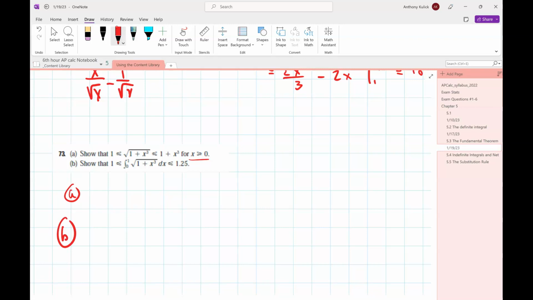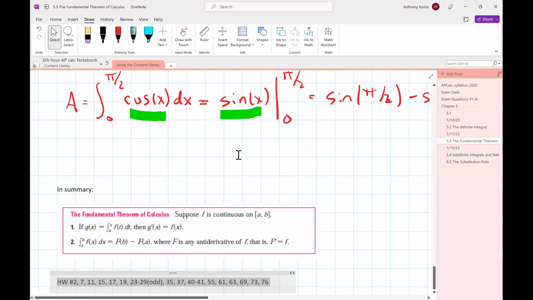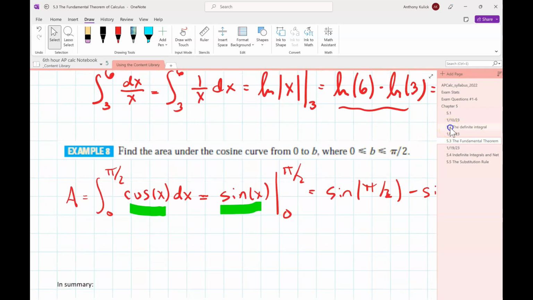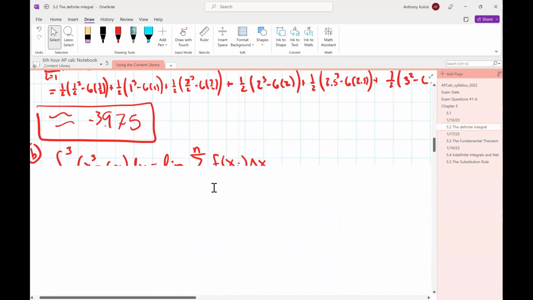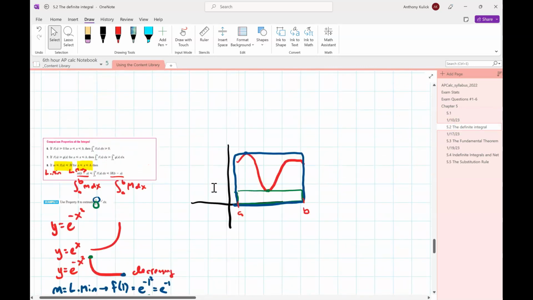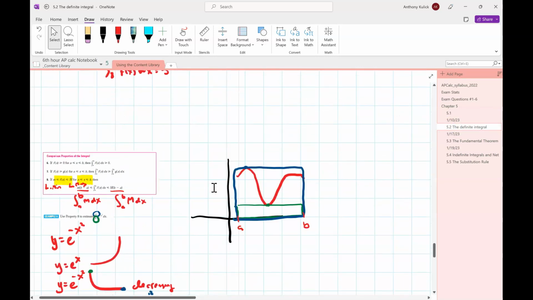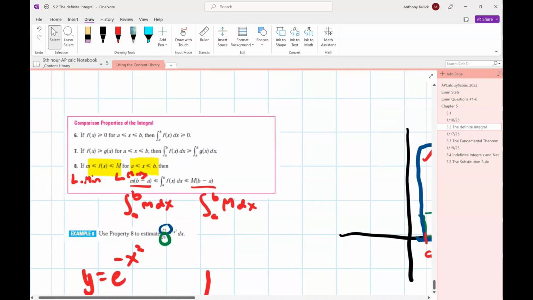So for part B, what I'm going to use is this theorem from, it must have been section 2. Let me go find it here real quick. This is the one that I want.